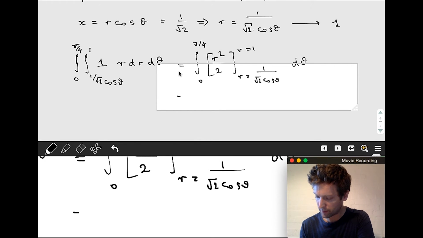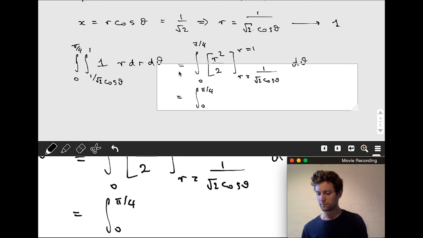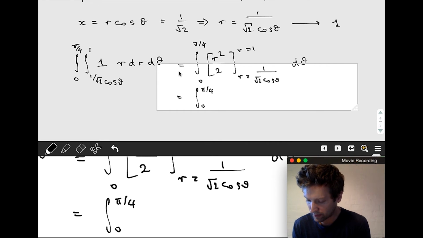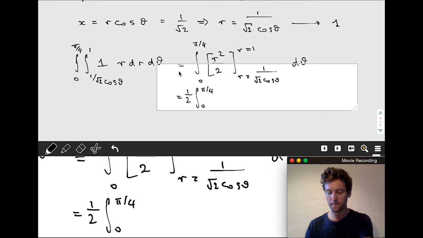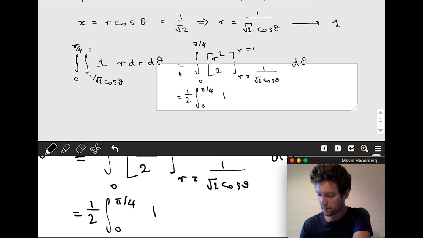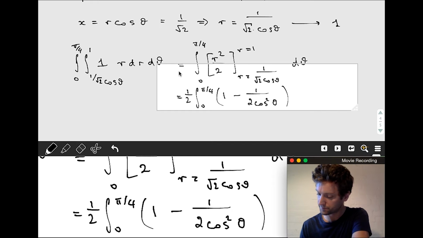So that's going to give me the integral from 0 to pi over 4. Let's take out that factor of a half, and then I'm left with 1 squared minus 1 over root 2 cosine theta squared. So that's 1 over 2 cosine squared theta d theta.